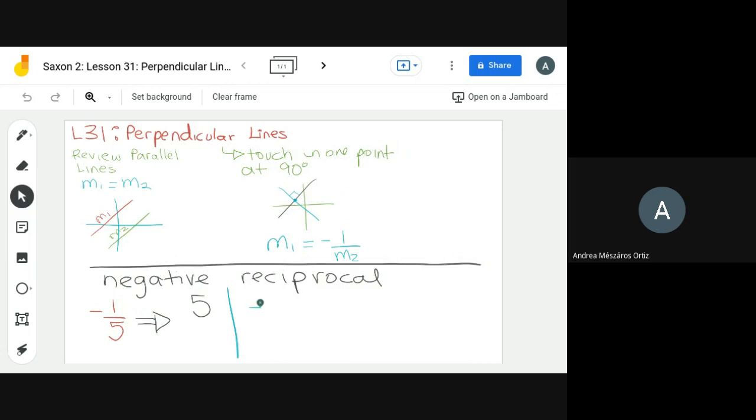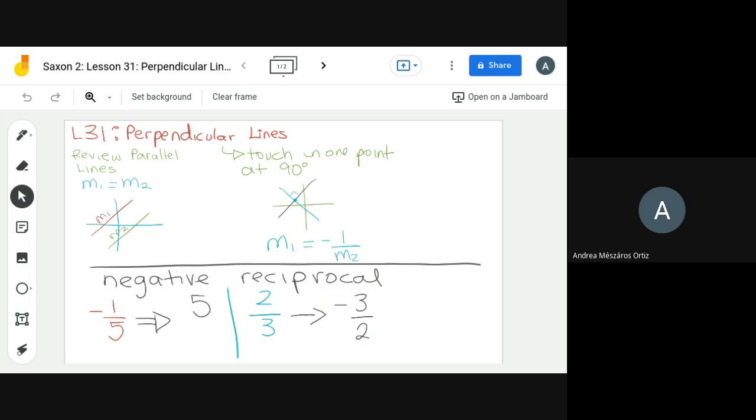If the fraction is, for example, positive 2/3, then the negative reciprocal will be negative 3/2. So in this case, the first number would represent our M1, our first slope. And once we find the first slope, then we have to make the two changes to get the second slope, which in this case will be 5. Or if the first slope is 2/3, then we have to do two changes, the change of sign and also the reciprocal, to find the other slope.